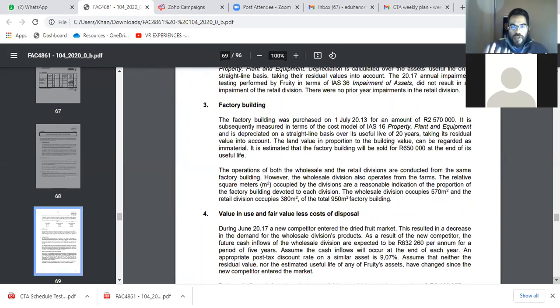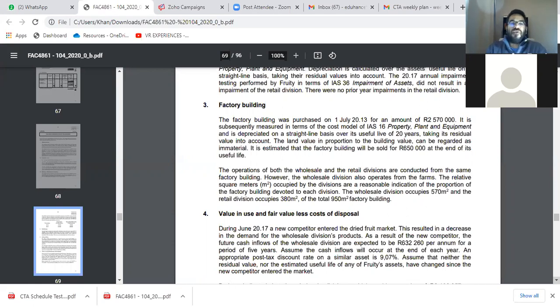So the question you need to ask yourself: can the wholesale division reasonably and consistently allocate some percentage of the factory building to the wholesale division? If the answer is yes, then you do so. In this case, the answer is yes. You can allocate a portion of the factory building on a reasonable and consistent basis. So we can do that.